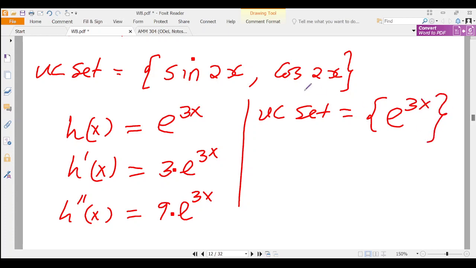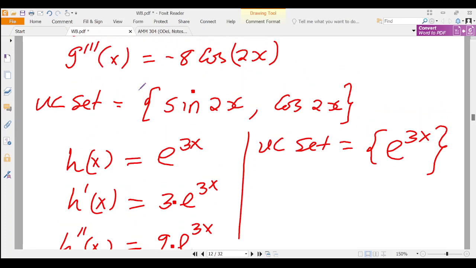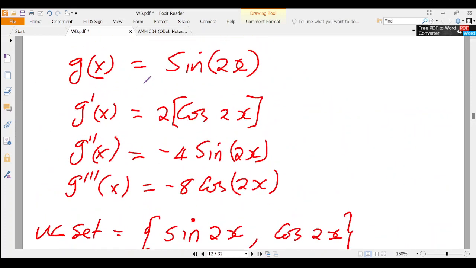So in general, if we have e raised to power kx, the UC set will comprise of only one function, which is e raised to power kx. But if we have a cosine function, or a sine in this case, we'll get two functions here, sine and cosine.